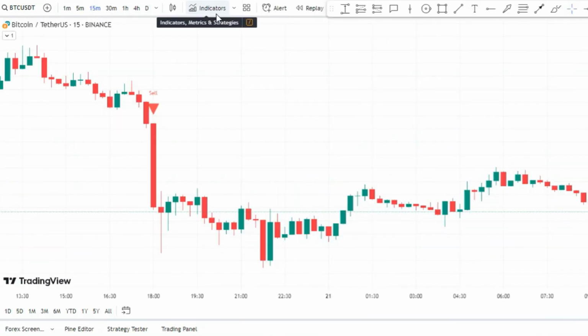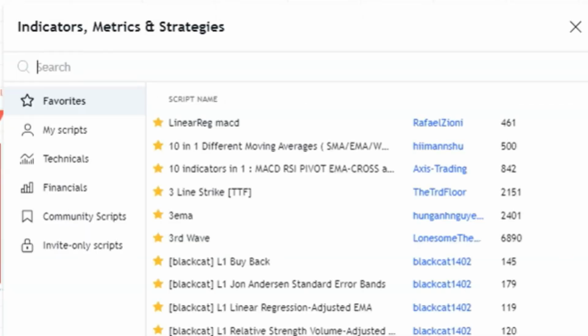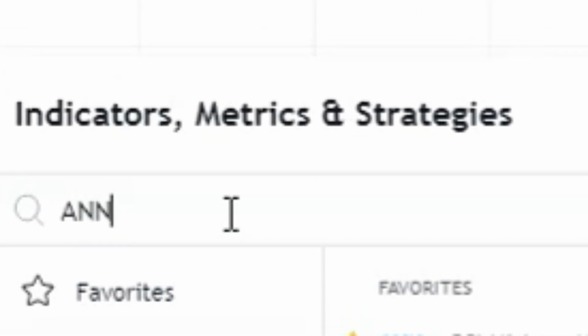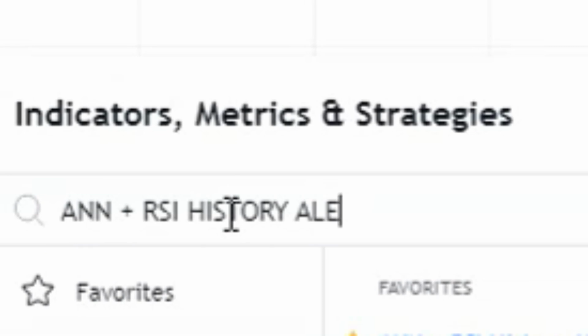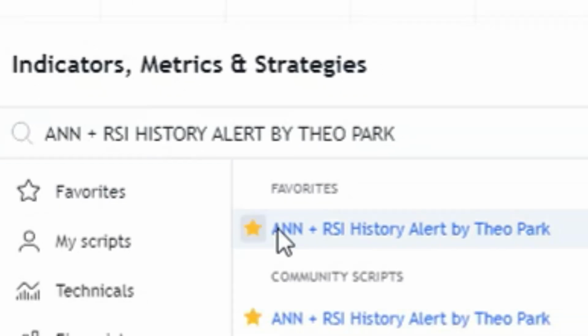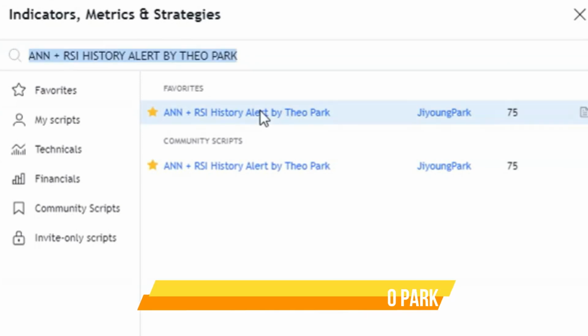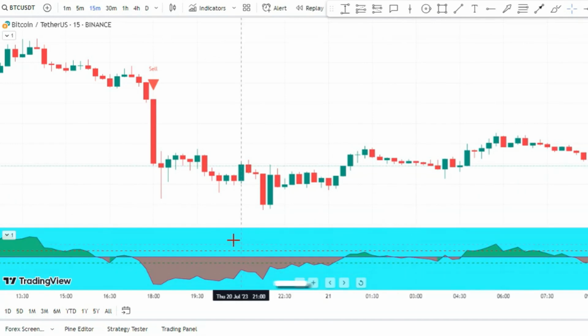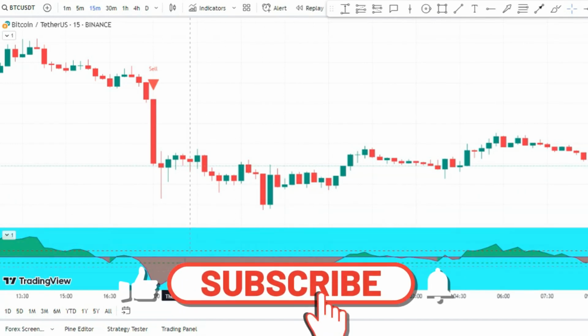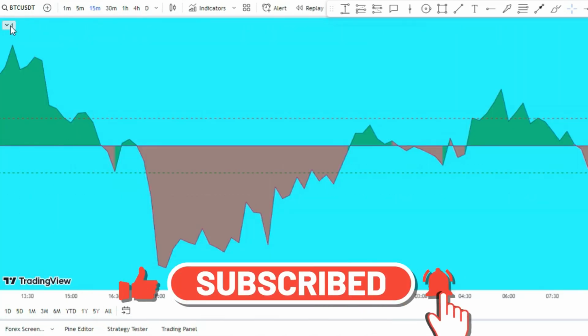So for this part of the strategy, I'll be using the ANN plus RSI History Alert by Theo Park indicator. When you first apply it to the chart, you'll see it needs some tweaks, both visually and in its parameter settings.